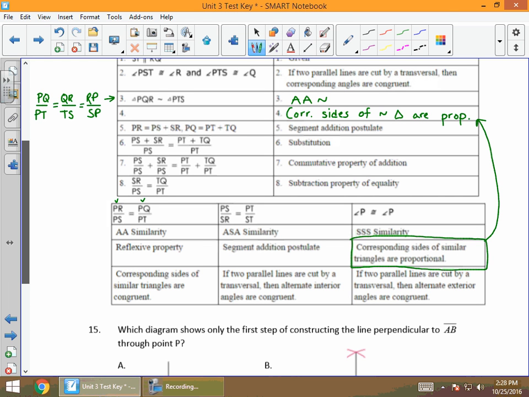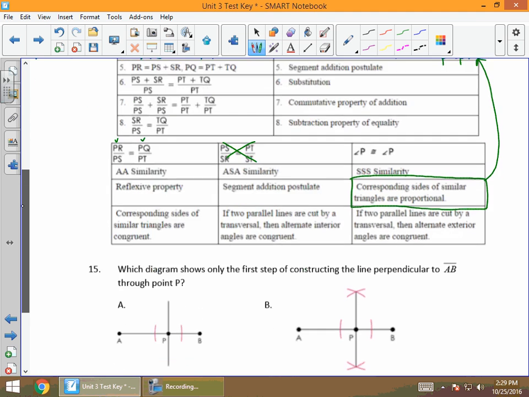So this first one would work based on that little proportion of 3. PS over SR, that would not work at all. This one does not work for us. So my only option is PR over PS has to be equal to PQ over PT. Because of my similarity statement, those are my only options to use.